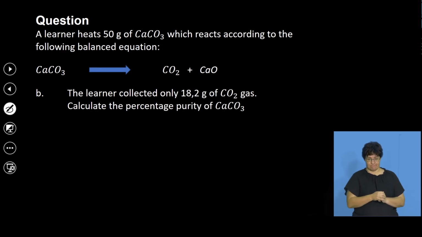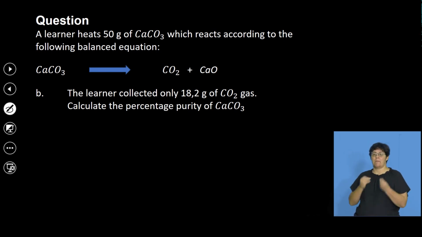Right, the follow-up says, the learner collected 18.2 grams of carbon dioxide gas. Calculate the percentage purity. Now, we expected 22 grams, but instead of the 22, we only collected 18.2 grams.